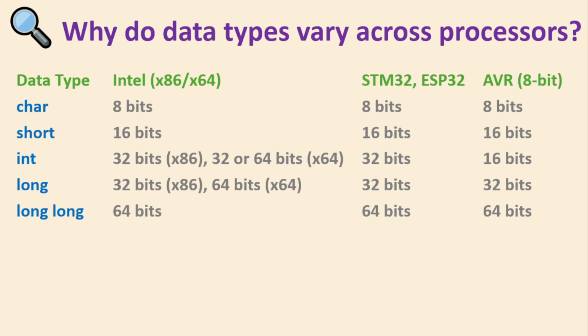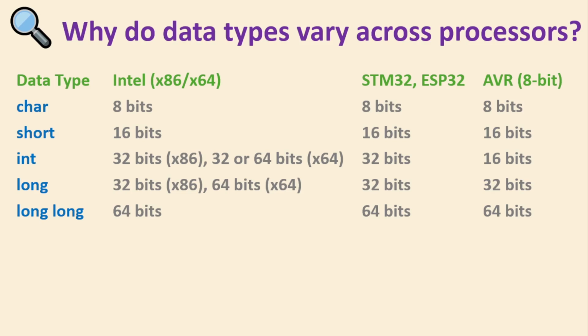For int, on Intel x86 processors, it's 32 bits. But in x64 processors, it can be 32 or 64 bits depending on the operating system and compiler used.